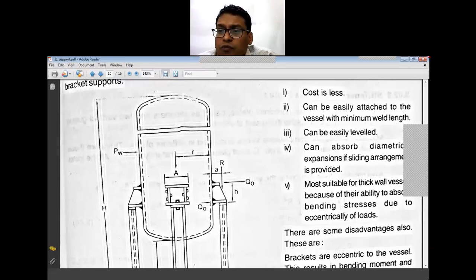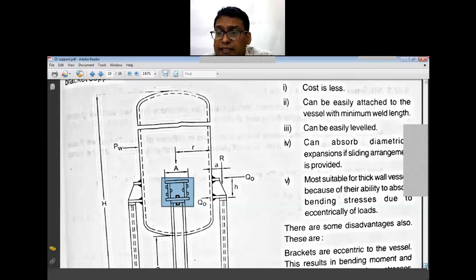Then, it is most suitable for thick wall vessels. If the vessel wall thickness is sufficient, it is better to use this bracket support, or if the thickness is less, then we can provide a certain backing plate.